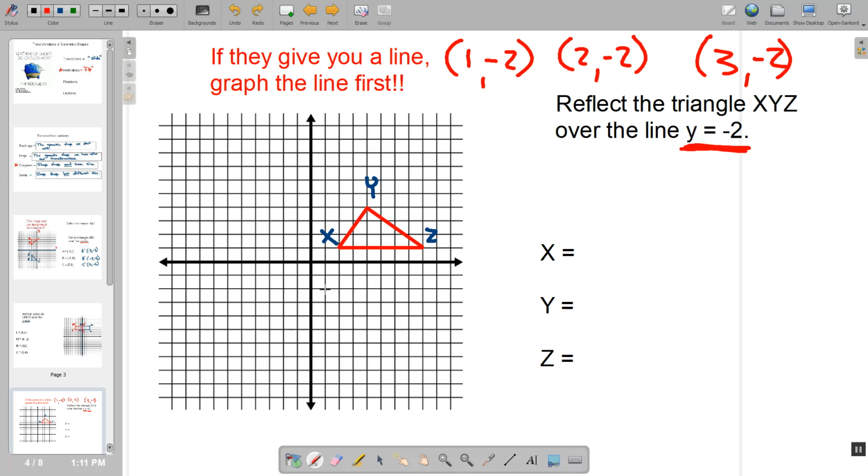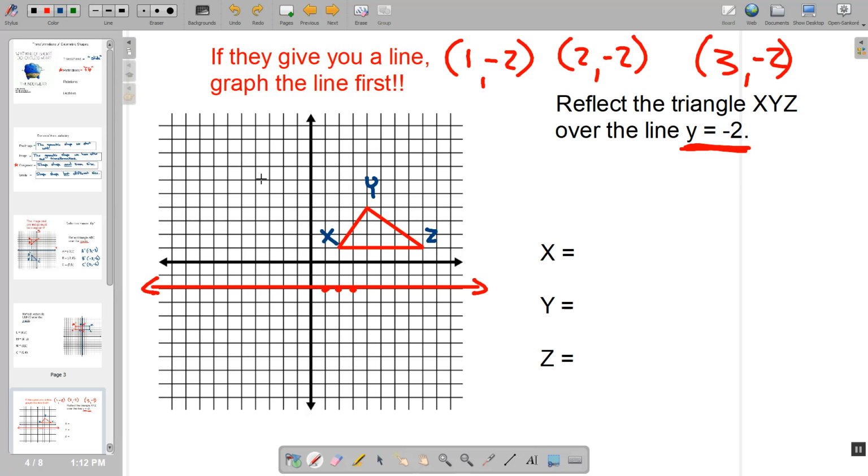So 1, -2 is here. 2, -2 is here. And 3, -2 is here. So we are creating a horizontal line. Try that again. A horizontal line through y equals -2, right there. So we are reflecting over this line.